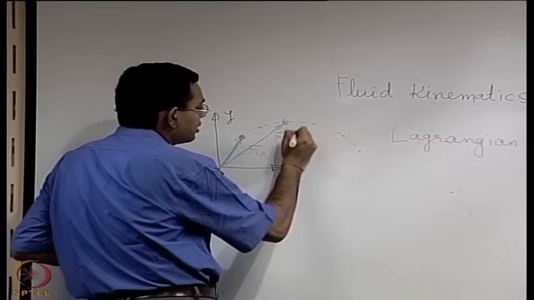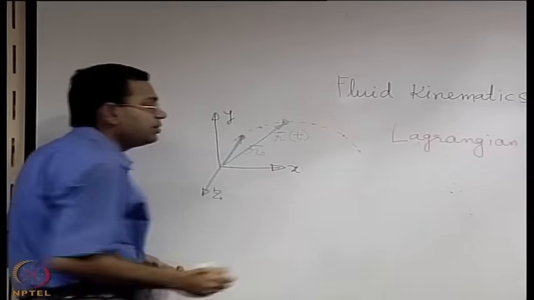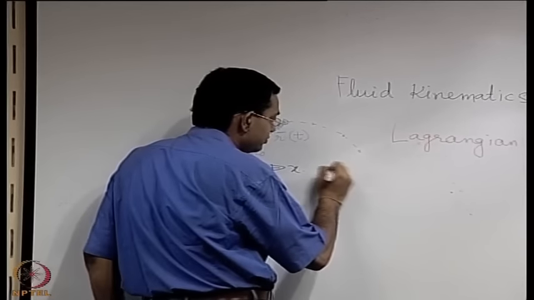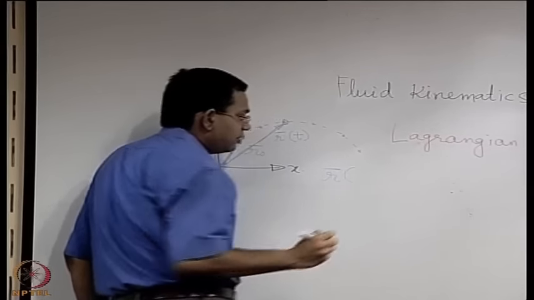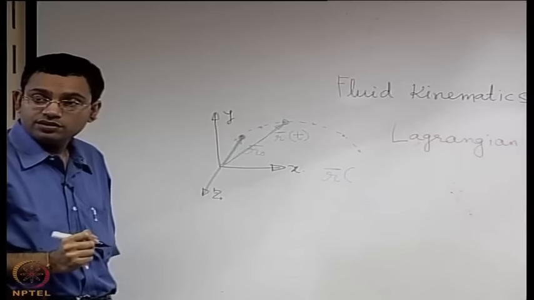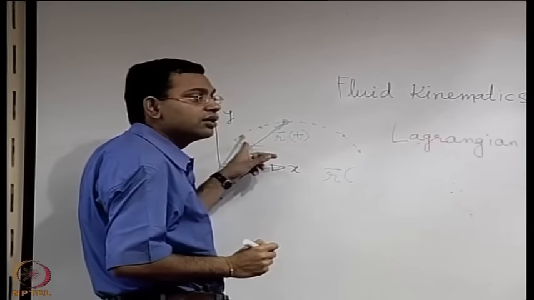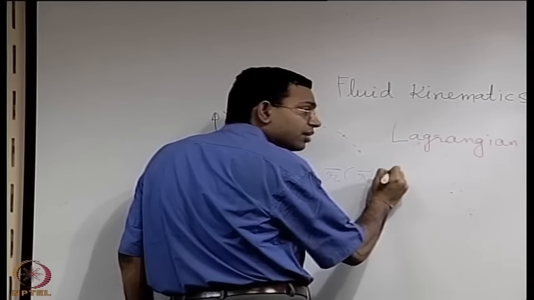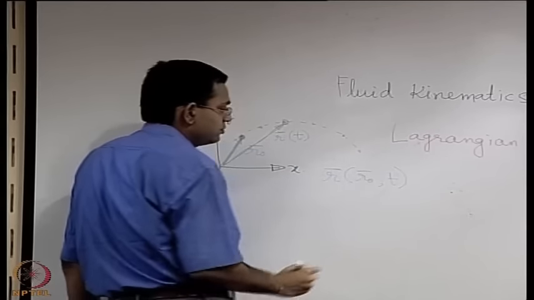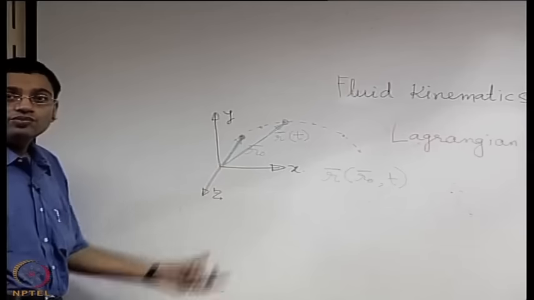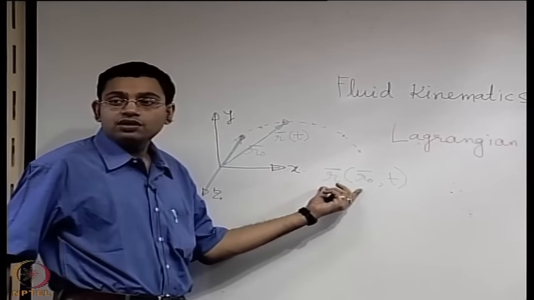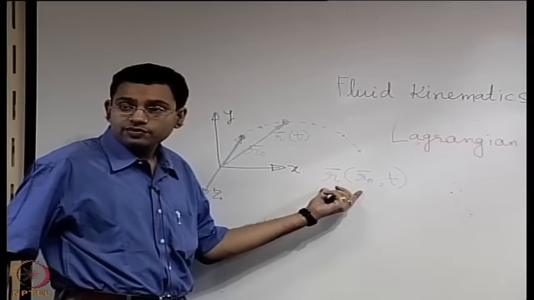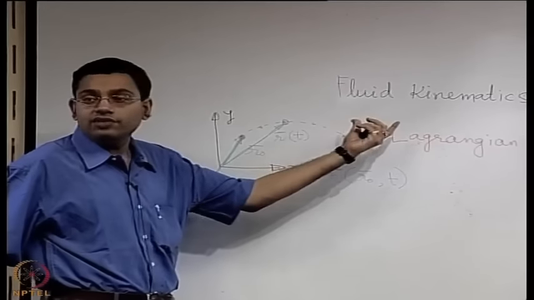So r at time t, in this approach, is a function of the initial position and the time that has elapsed. When you describe the position vector in this way, then this is a Lagrangian description.